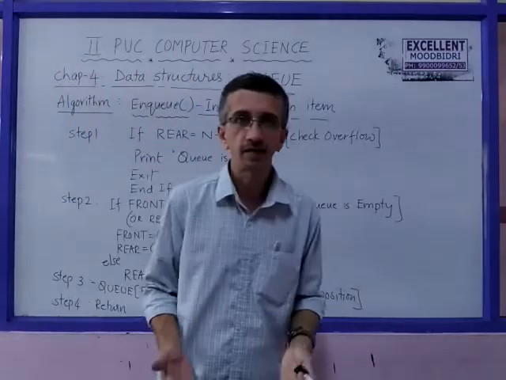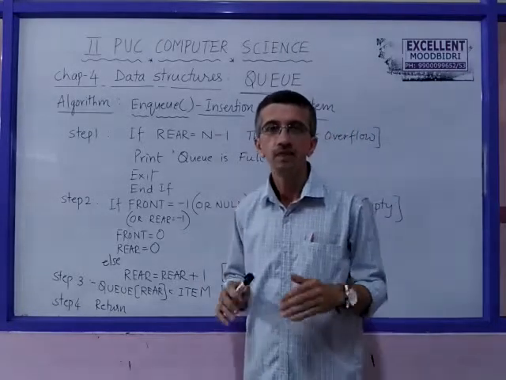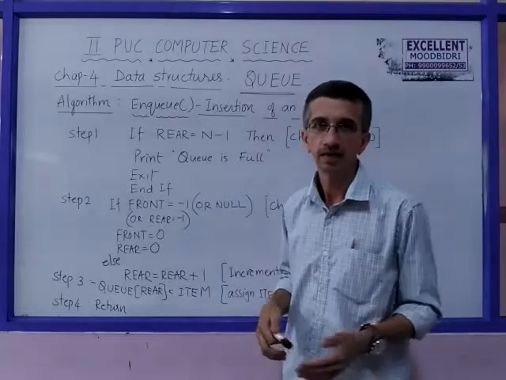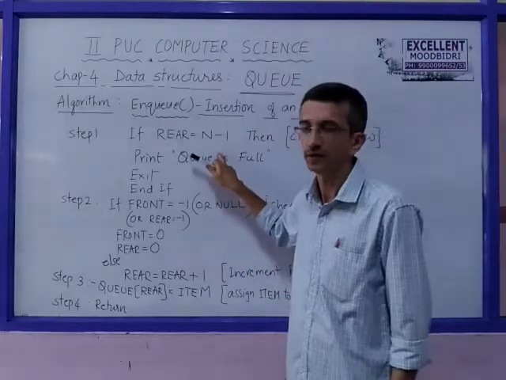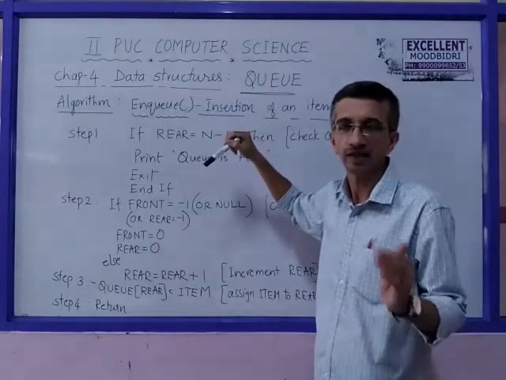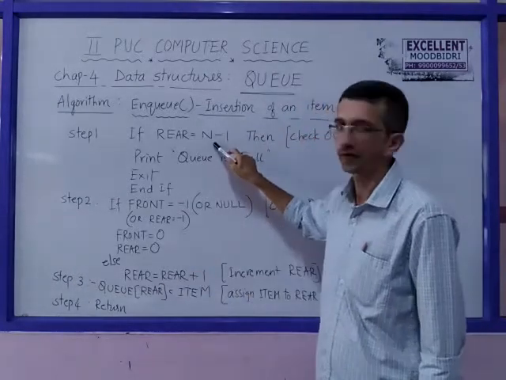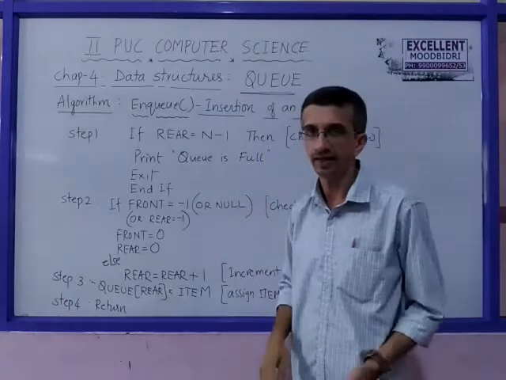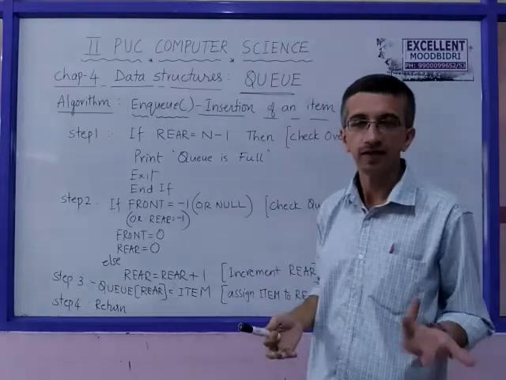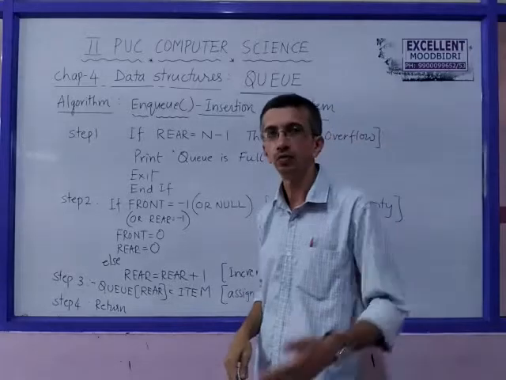As we have seen in the case of a stack, when the queue is full we cannot insert an item, especially when we take a static array to represent a queue. When n is the size of that array, named as the queue here, n minus 1 is the last index. So when rear becomes n minus 1, the queue is full and we cannot insert any item. We have to do this check before we insert an item.